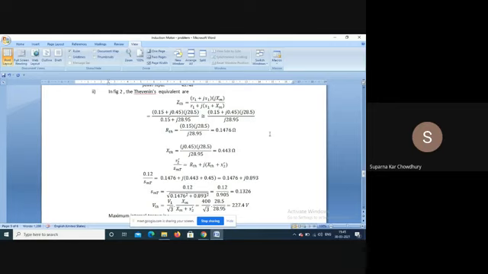So the torque, if you remember the torque expression, is given by the air gap power divided by the synchronous speed.